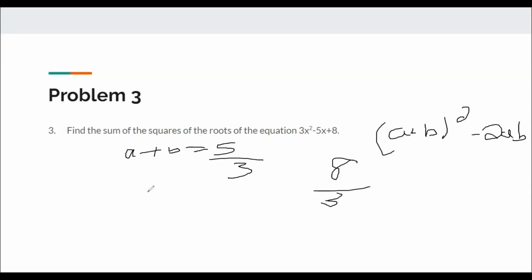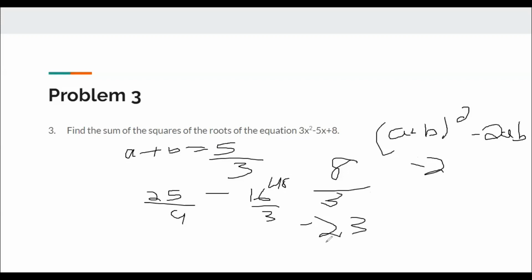So 5 over 3 squared is 25 over 9, and then minus 2 times 8 over 3, so 16 over 3. This is just going to be 25 minus 48 over 9, which is negative 23 over 9.